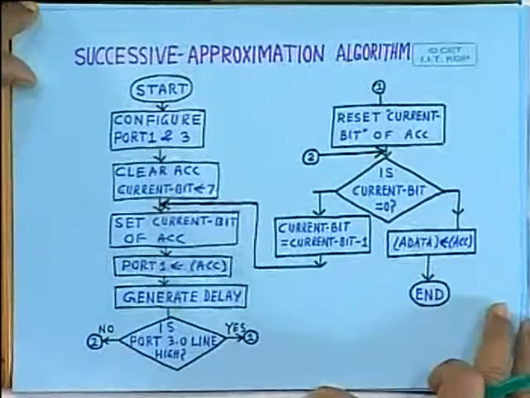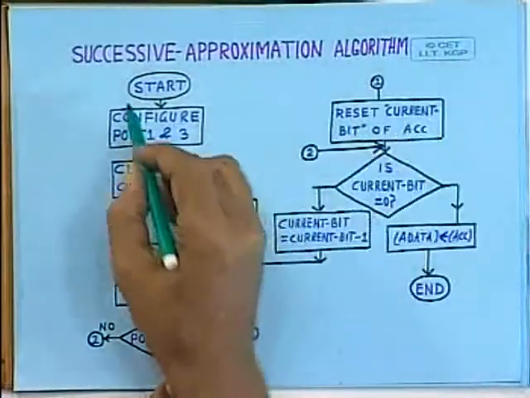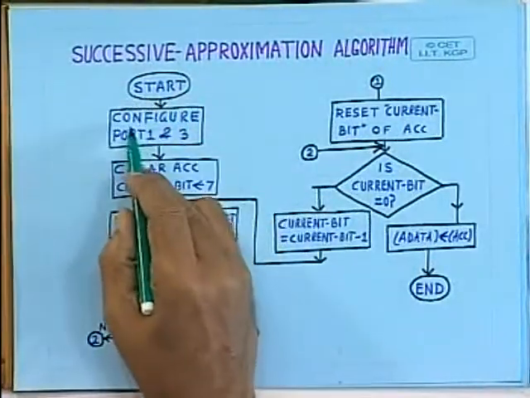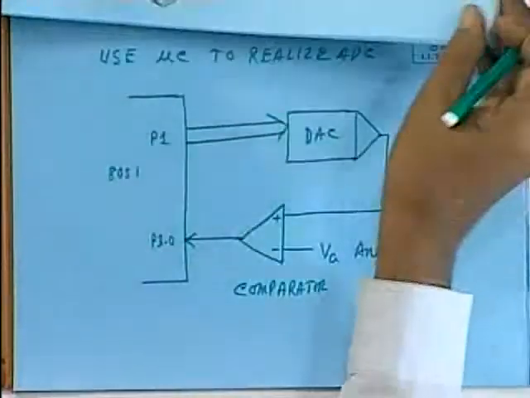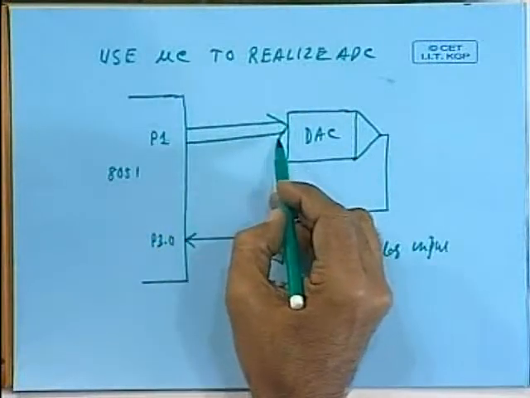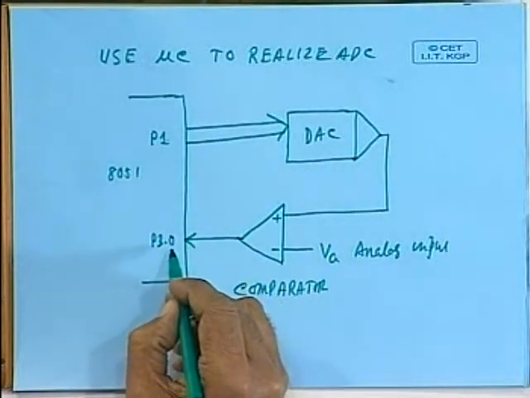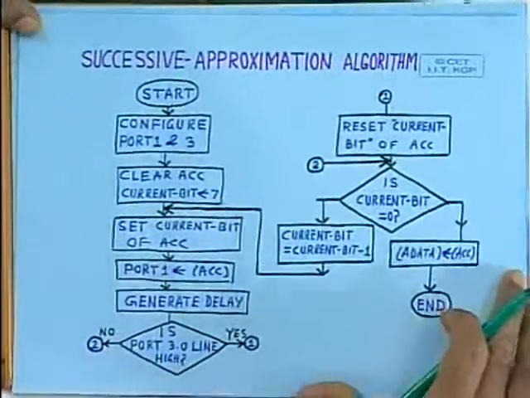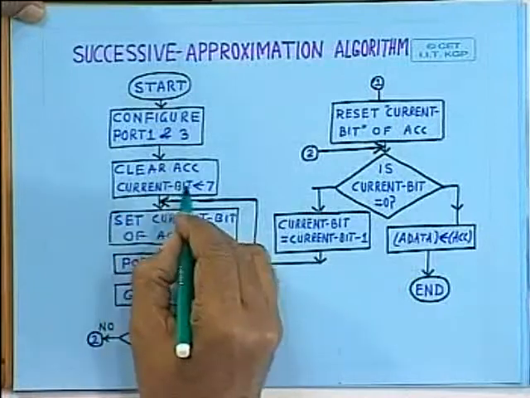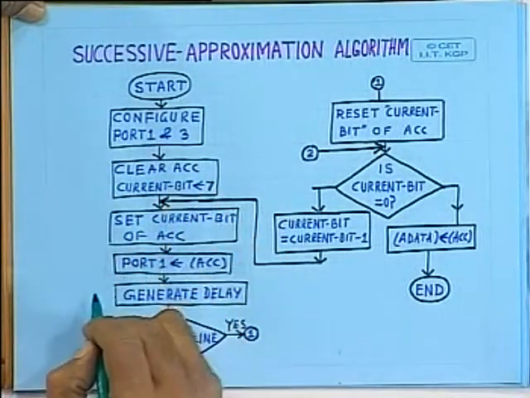This is the successive approximation algorithm. So, this is where you start. You configure port 1 and port 3 as needed here. Port 1 has to be configured as output port, and port 3 has to be configured as input port, particularly the 0th bit of port 3. Then you clear the accumulator, and another variable you choose, current bit, which you are initially setting as 7.